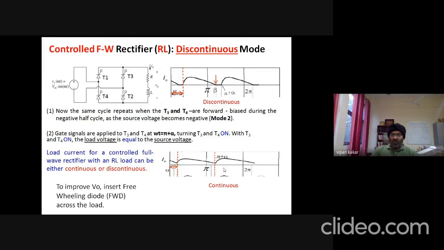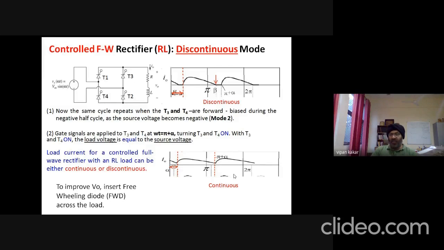The other mode is where the current does not go to zero, because we know that at pi plus alpha, we apply the next trigger. At alpha, we apply the first trigger to T1 and T2, and at pi plus alpha, we apply the next trigger to T3 and T4.